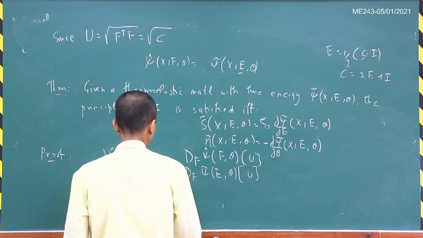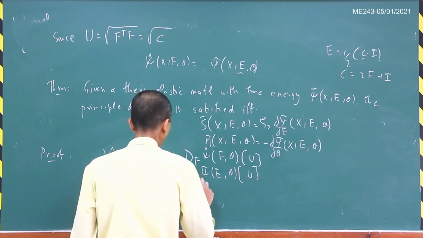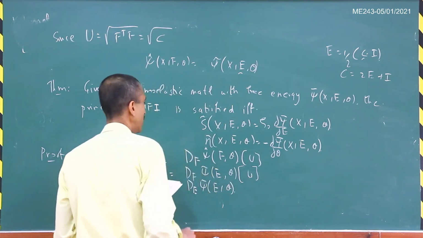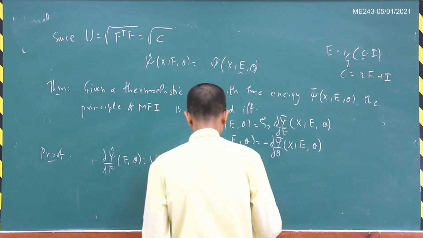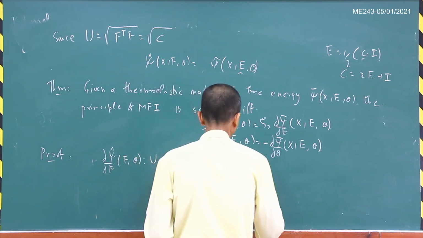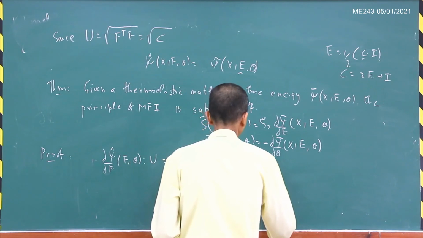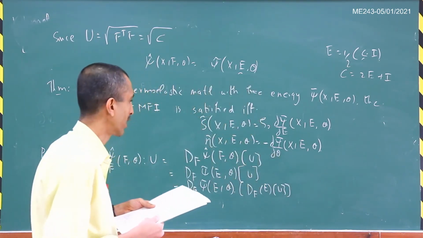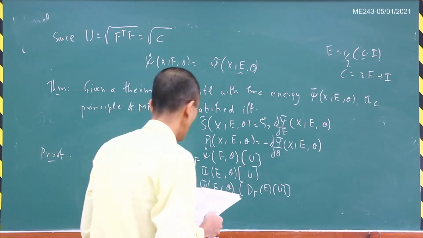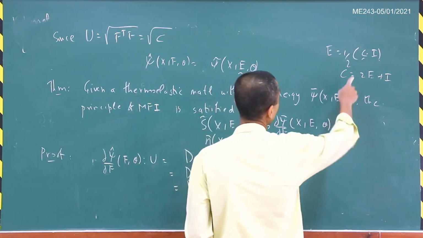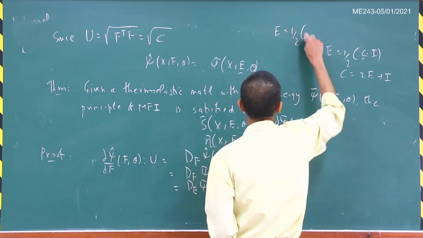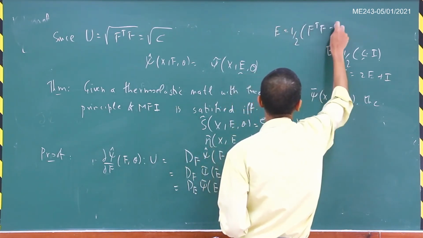So this is equal to D_E of psi tilde in the direction of D_F of E in the direction U. So this is nothing but the chain rule. We are applying the chain rule here, and for this quantity let's use the fact that E is equal to half of F transpose F minus identity.